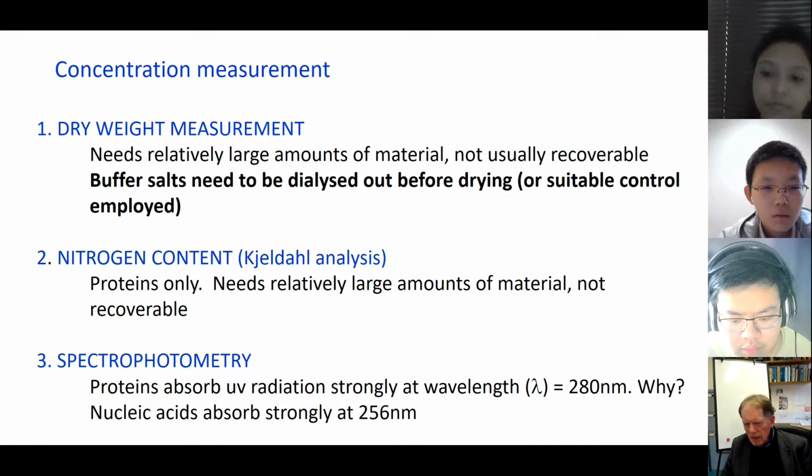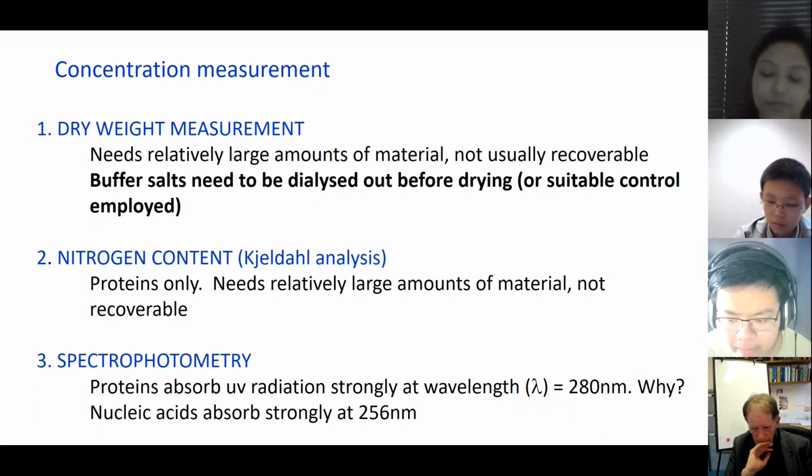But generally, around 280 nanometers you get a reasonable absorption, depending on the amino acid sequence and the proportions of tyrosine and tryptophan in the protein, and also on the concentration of the solution.